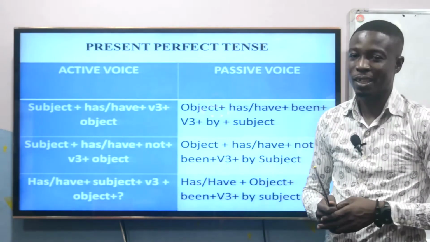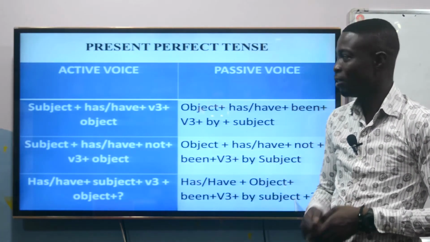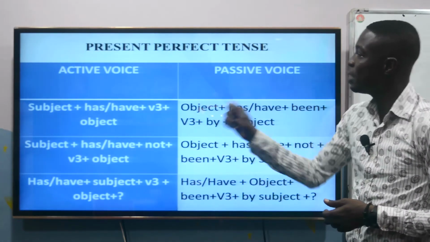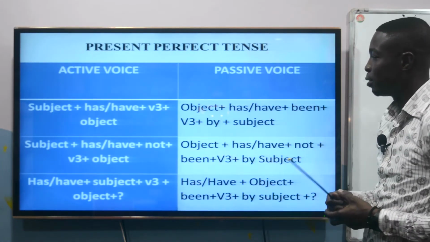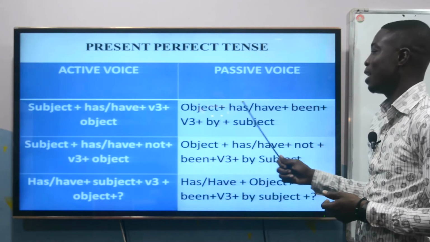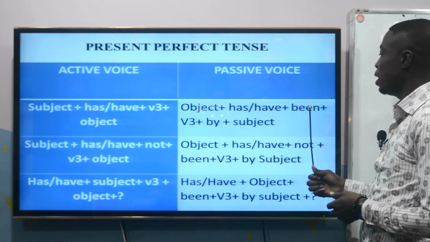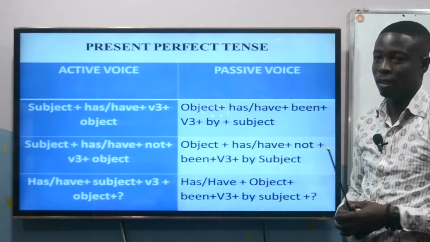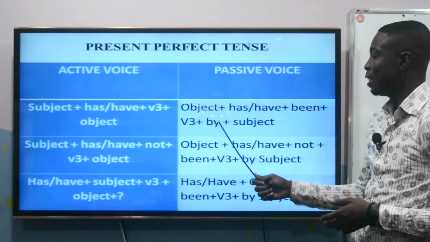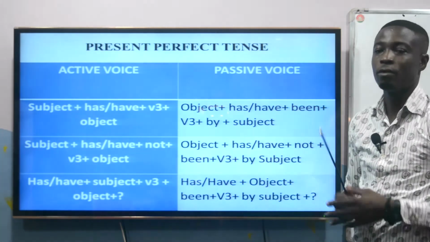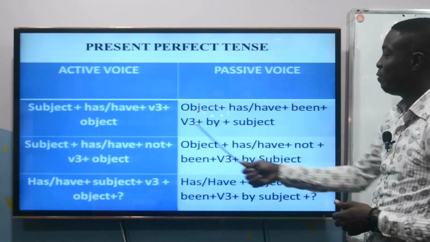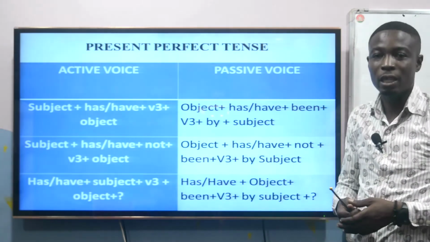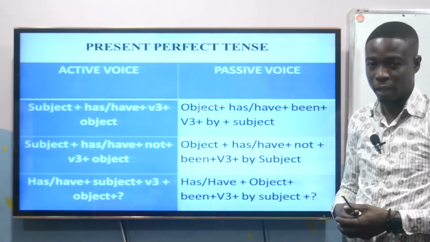V3 is the past participle. So when we are changing a positive statement in the present perfect tense to the passive voice, we have object plus has or have plus been plus V3 plus by plus subject. Don't forget, the by and subject are always constant. And then the V3 is always constant in the passive voice, irrespective of the type of tense.